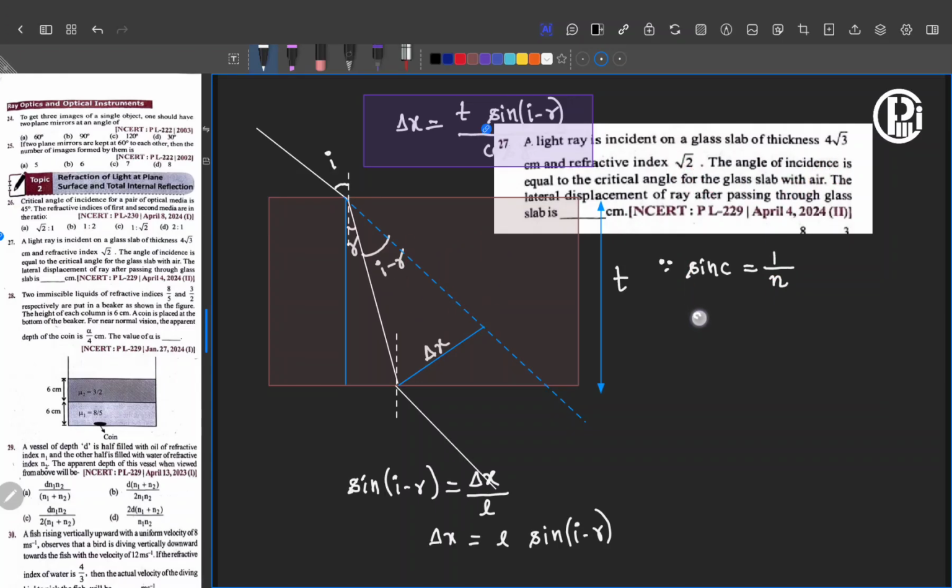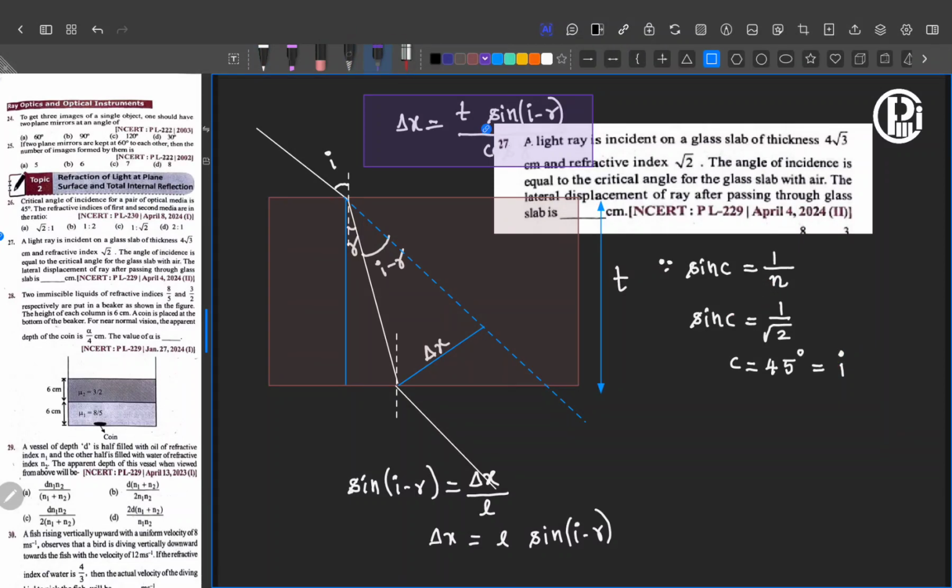Therefore sin C is equal to 1 by √2, so C is equal to 45 degrees. This critical angle is also the incident angle here, therefore that is also i. Clear?